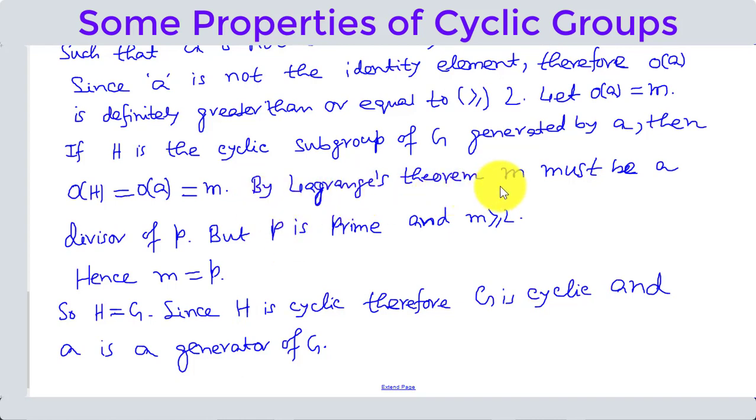By Lagrange's theorem, m must be a divisor of p, but p is prime and m is greater than or equal to 2. Hence, m must be equal to p. So, H is equal to G. Since H is cyclic, therefore G is cyclic and a is a generator of G.